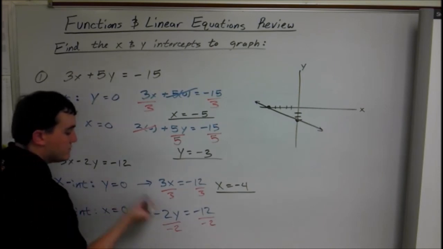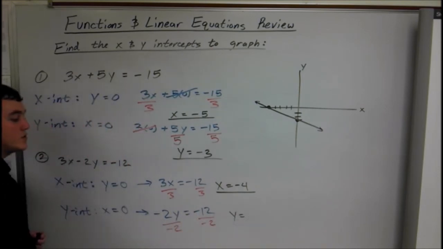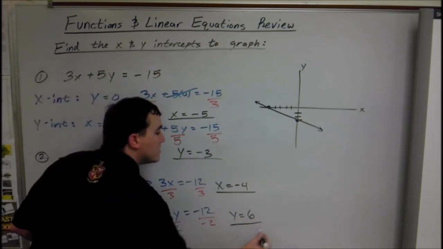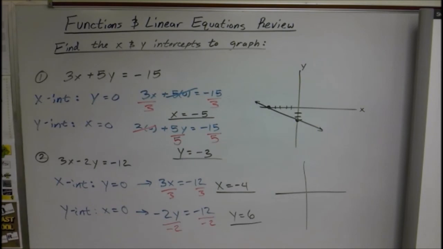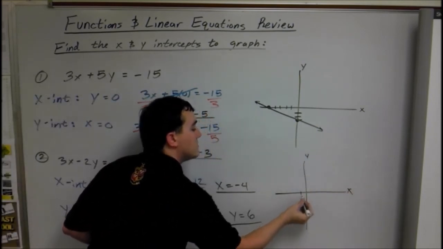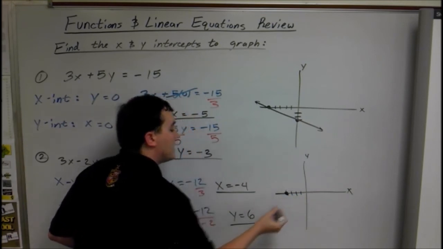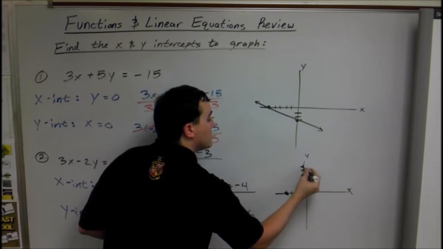Because those are going to cancel. And y equals -12 divided by -2 is a positive 6. So we graph it. X equals -4 on the x-axis. And y is 6. Up 6. Line.